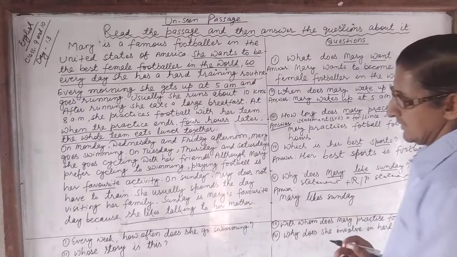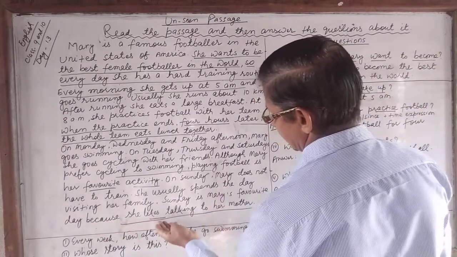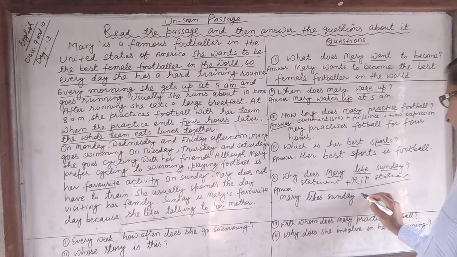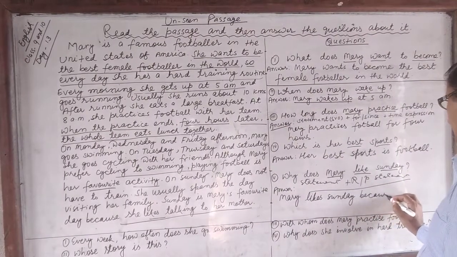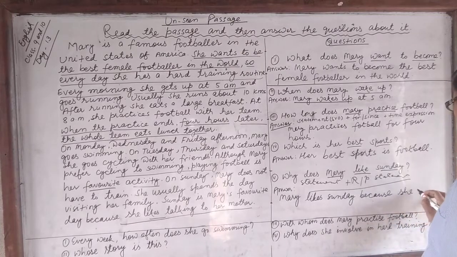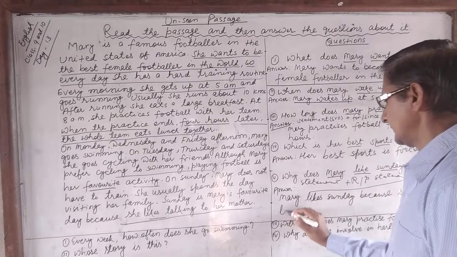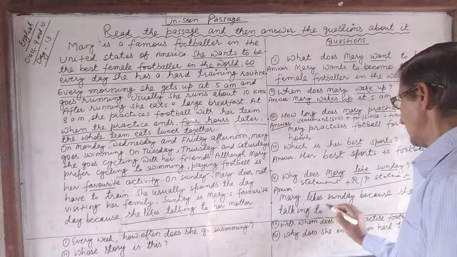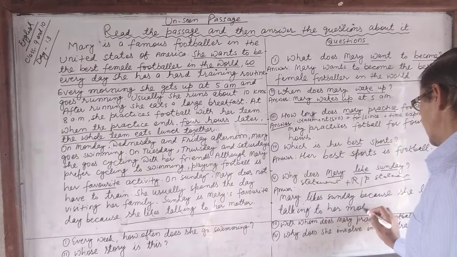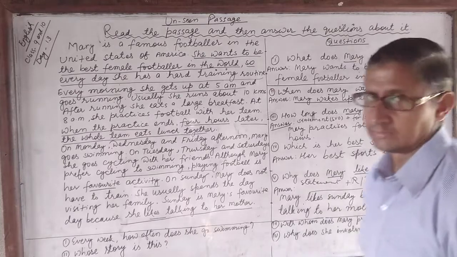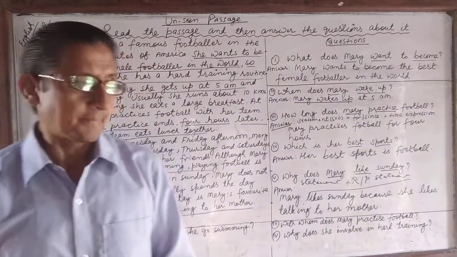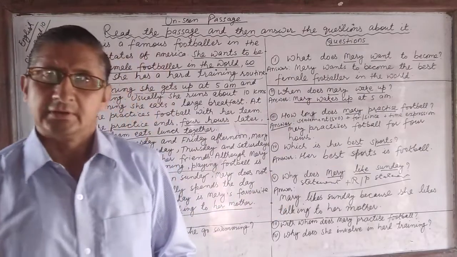The answer is because she likes talking to her mother. Mary likes Sunday because she likes talking to her mother. In this way, we write the answer of why questions. Okay?